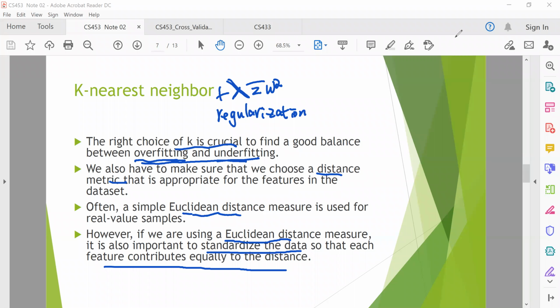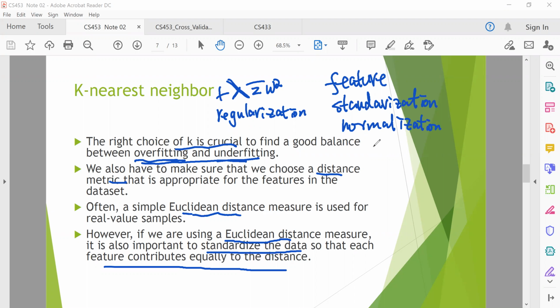Previously, we also learned that in gradient descent we do feature standardization or normalization. That's data pre-processing, so that you can bring all of the features to the same scale.